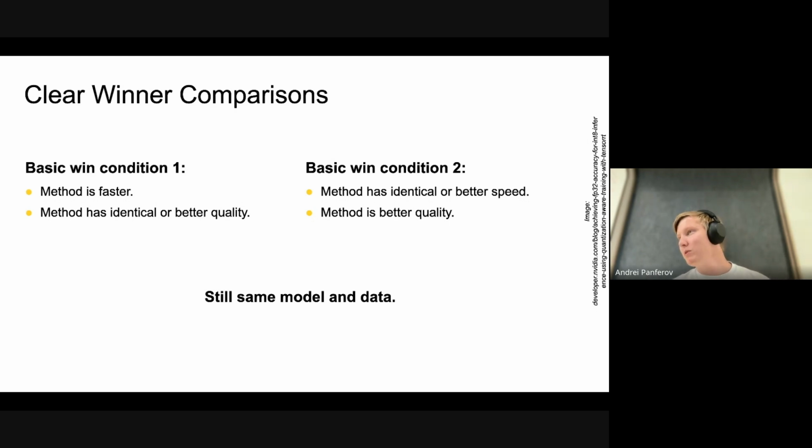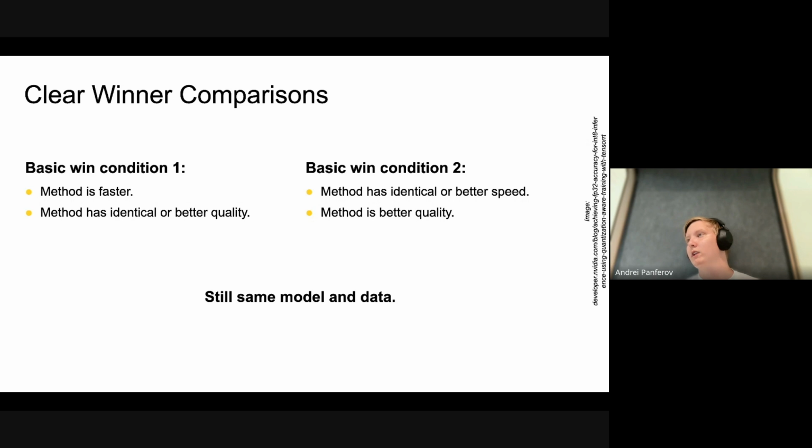But the problem is that to perform those comparisons, you need to compare models of the same size and the same data, and ideally of the same quantization method to be able to show exact speedups and take a look at them.